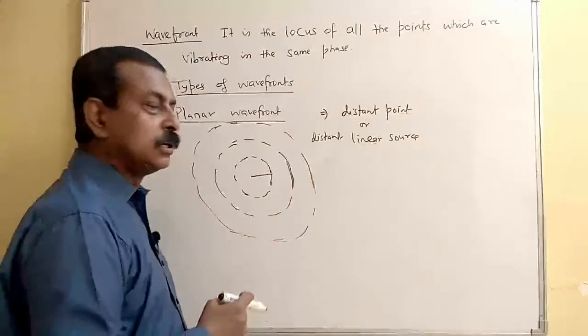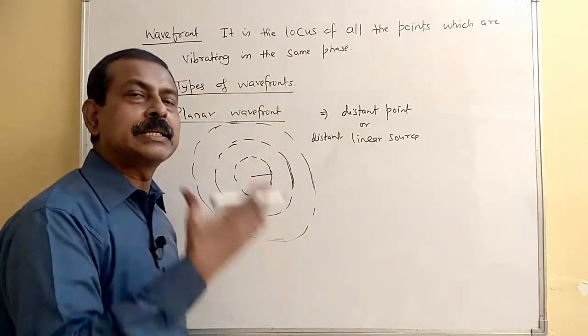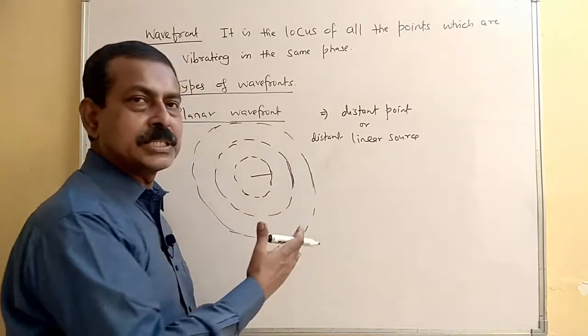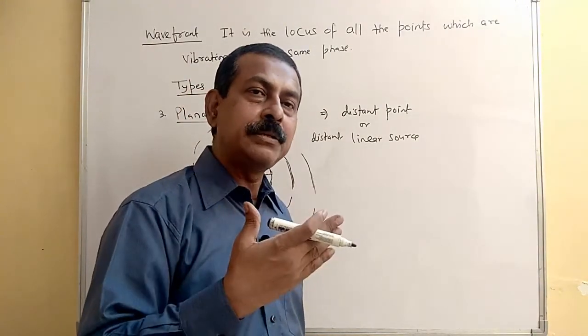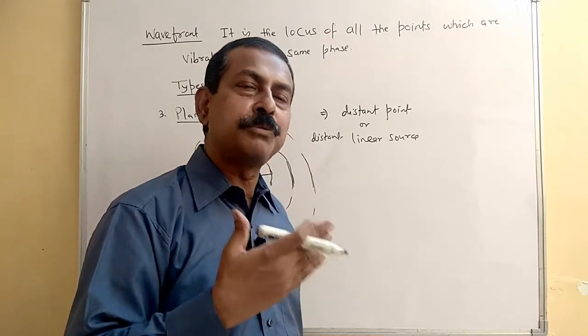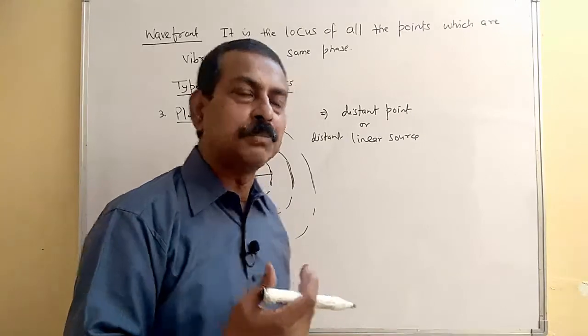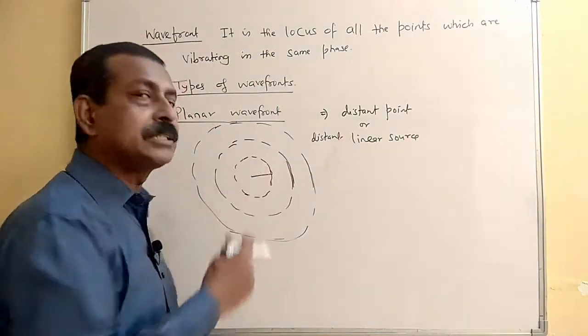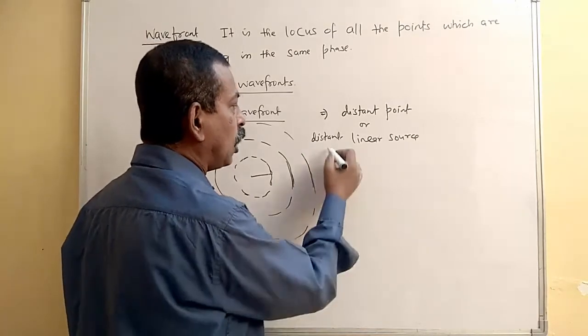So if the point source is at a very, very large distance, the nature of the surface will be almost like a plane. You can assume a plane surface as a part of a sphere whose radius is infinite. That means in that case, it is at a very large distance. So here, you will be getting the surface almost like a plane.